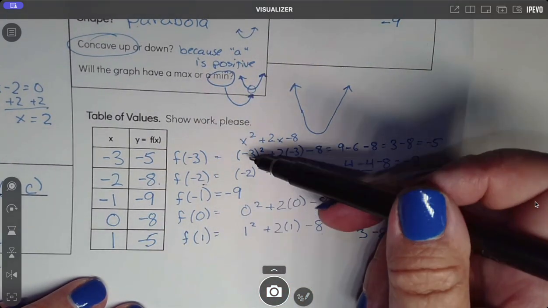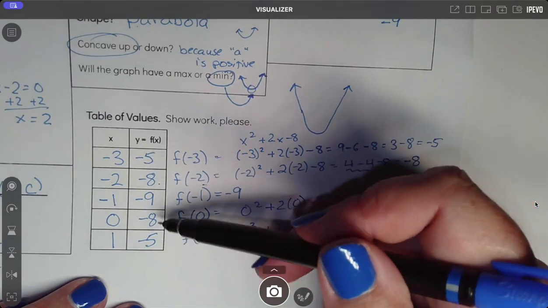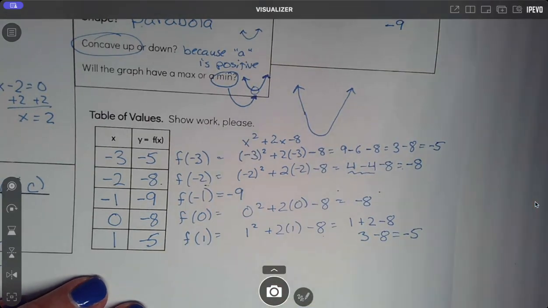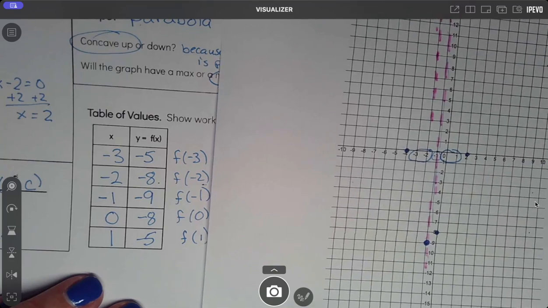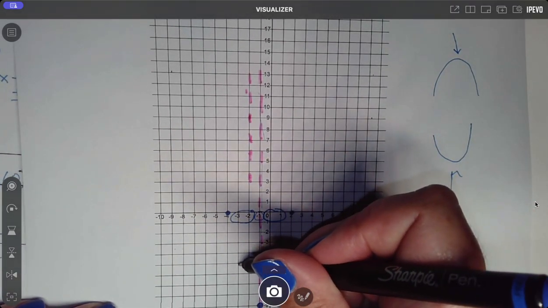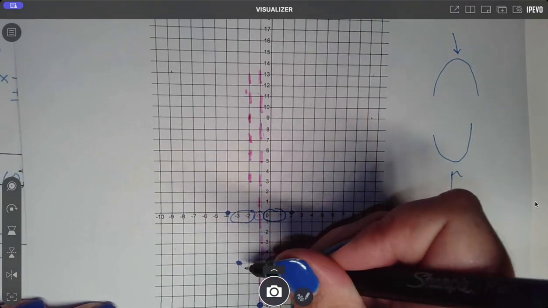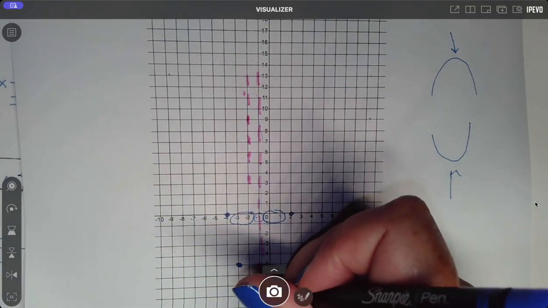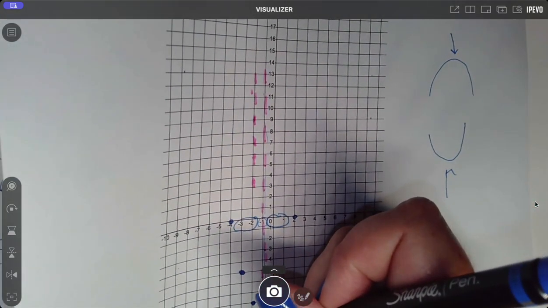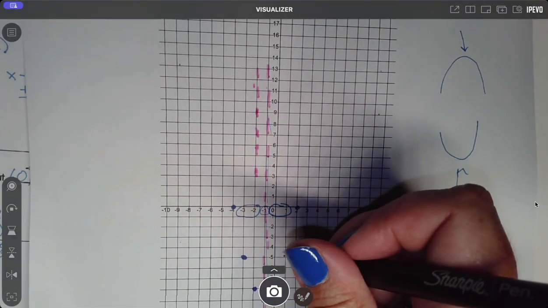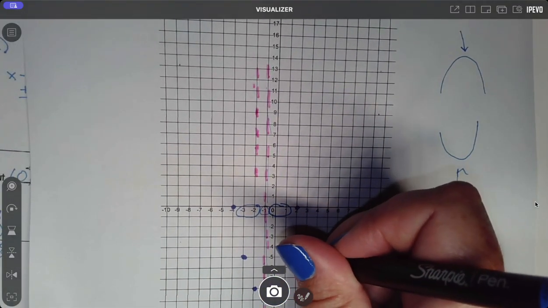I always still do all my work because that's how I check that I'm doing things correctly. And so let's just graph the points that we don't have yet. We didn't have -3, -5 yet. So -3, -5. And -2, -8. We did not have that point yet. We already had -1, -9, 0, -8, and the other one is 1, -5.